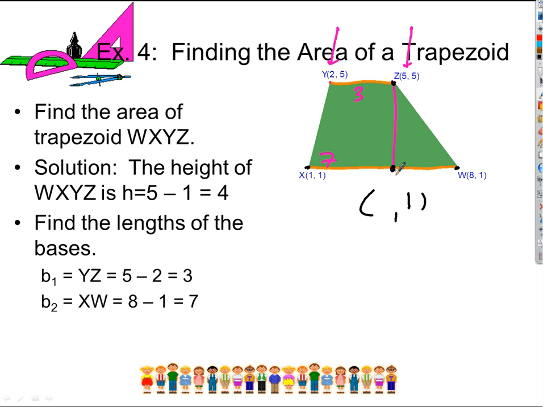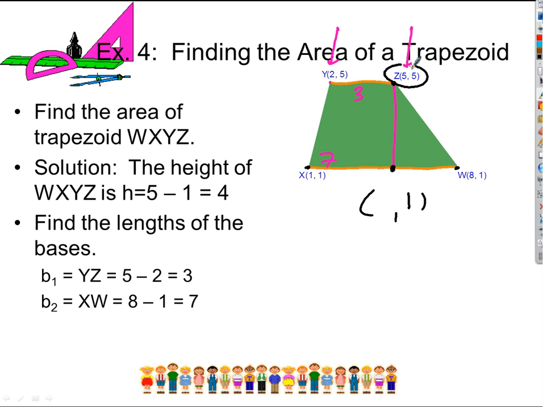Now, what's the x coordinate of that point? 8. No? Is there another point up there that would have to have the same x coordinate as that point? Yeah. That point right there would have to have the same x coordinate because it's lined up vertically with it, right?